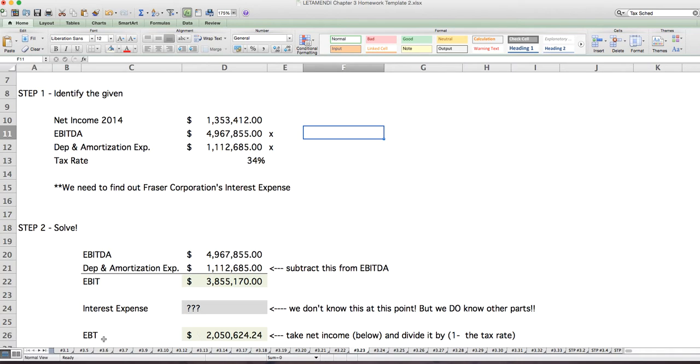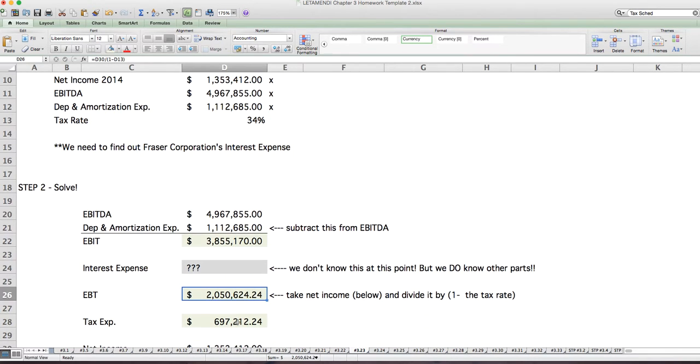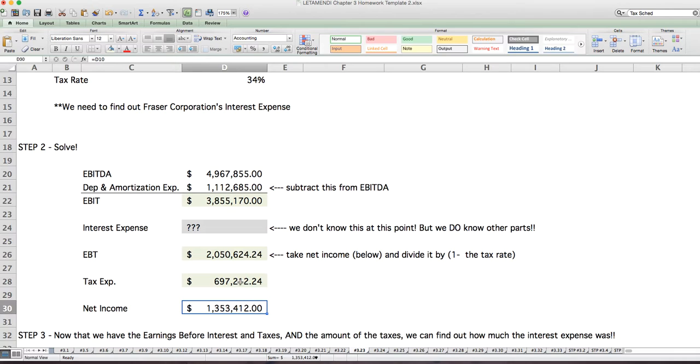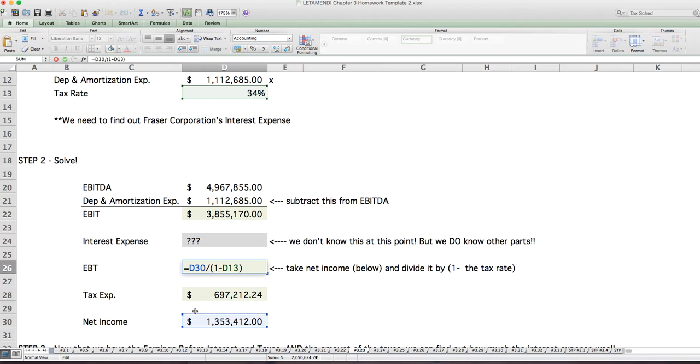What we do to calculate the earnings before taxes is take the net income, which is 1,353,412, and divide by, in parentheses, 1 minus the rate, and that's how you determine what the earnings before taxes are.